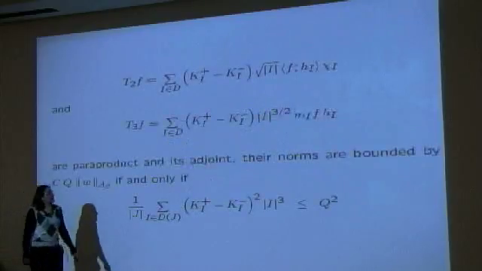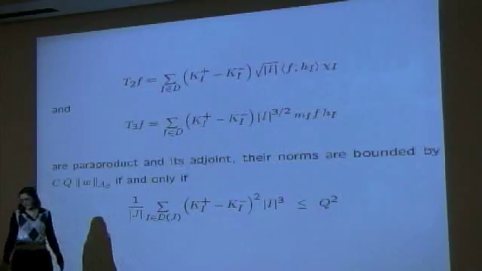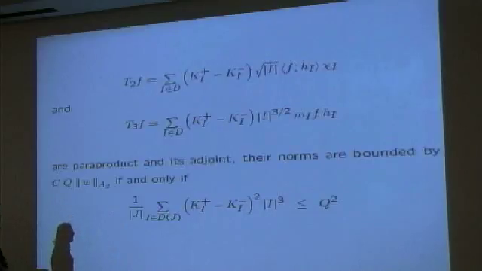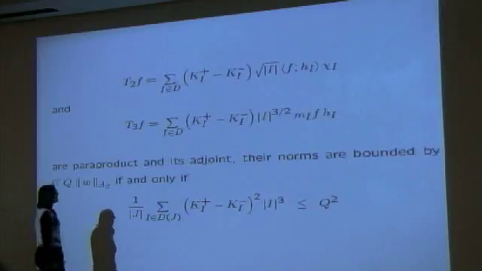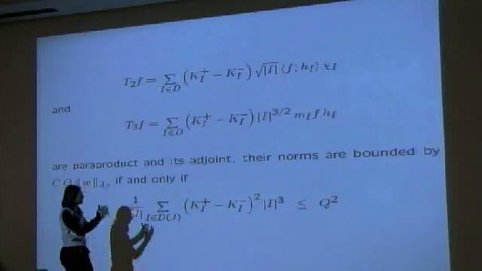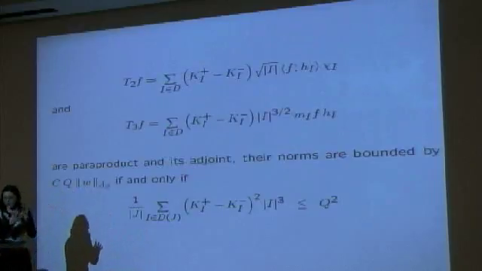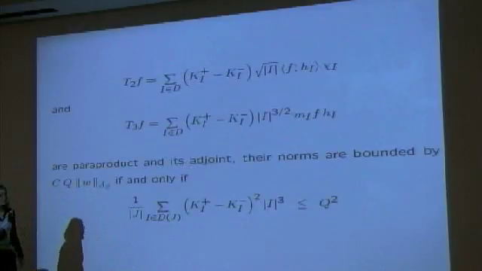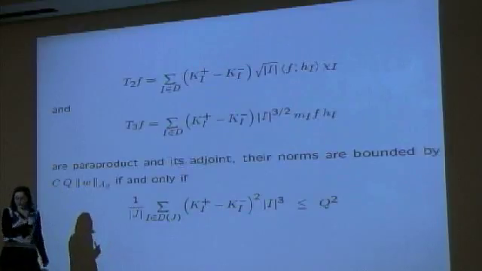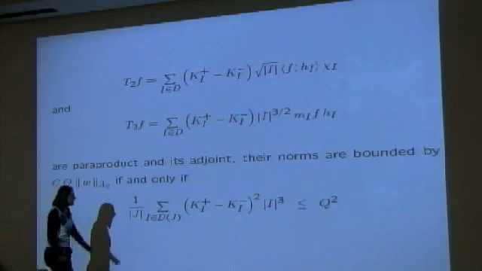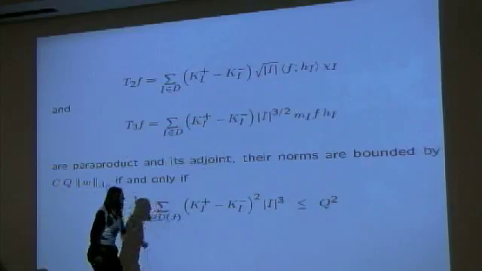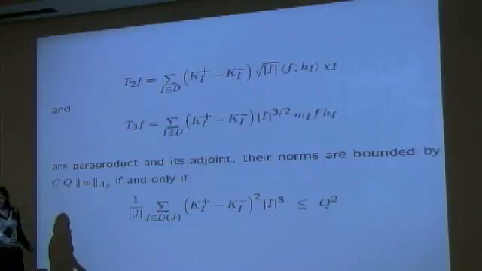T3 is the dyadic paraproduct operator, which is bounded linearly with respect to the A2 constant of the weight W whenever the function b that you're having this product with belongs to the BMO, which means this for the coefficients k_I.